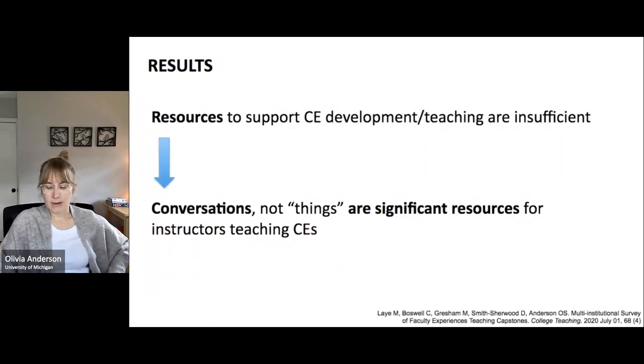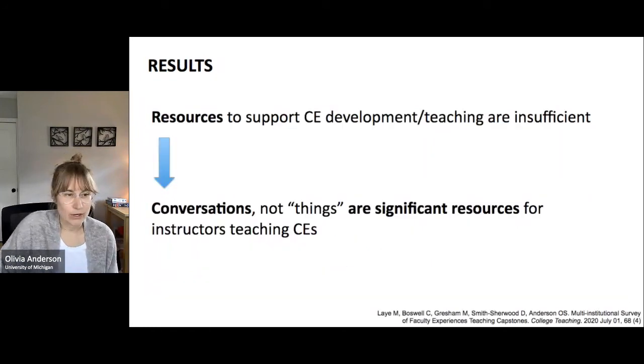The survey made it very clear that resources were important to support capstone development and teaching, yet they were lacking across capstone instructors. Of course, we were able to dig into that a little bit deeper in the interviews with capstone instructors.